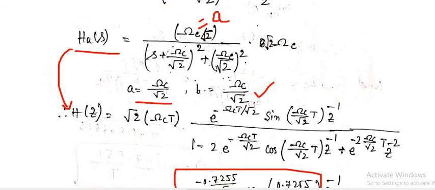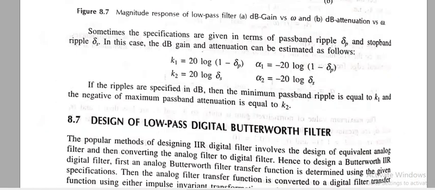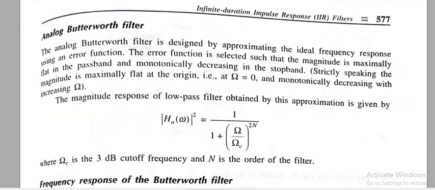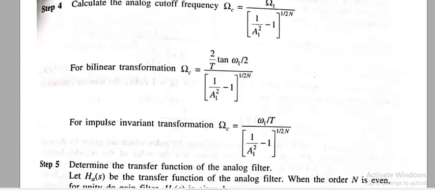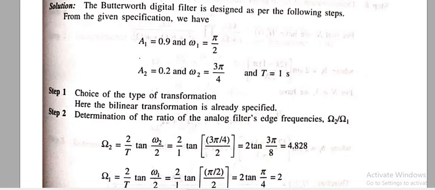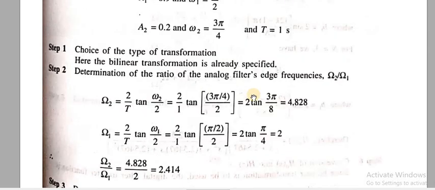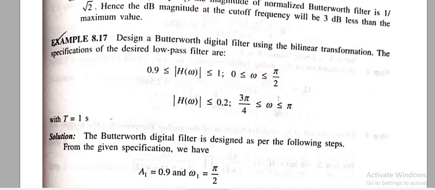Now I'll show you a design problem using bilinear transformation. Okay, this one is a problem. Yes, this is bilinear transformation. The given problem is this. This is the passband gain and this is the stopband gain.